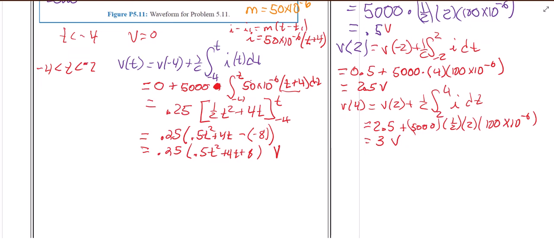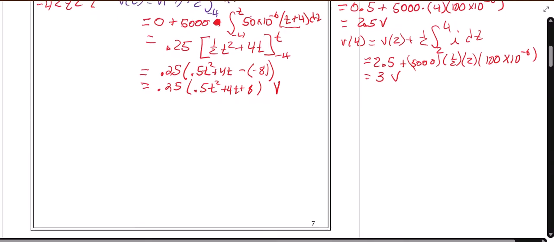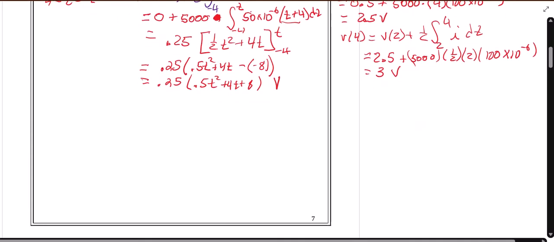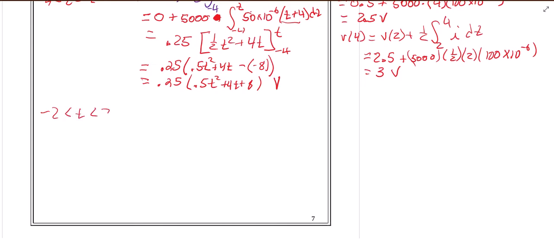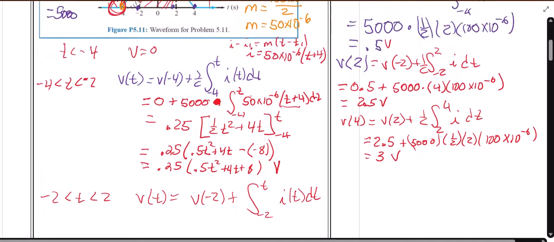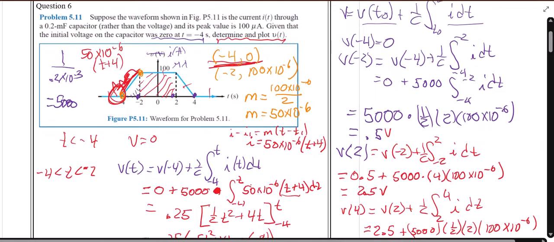Okay, so now let's look at the voltage between times -2 and 2. So -2 is less than t is less than 2. So v of t will equal v of -2 plus the integral from -2 to t of I of t dt. All right, well, let's go back and look at our graph. What is our function in here, right there?